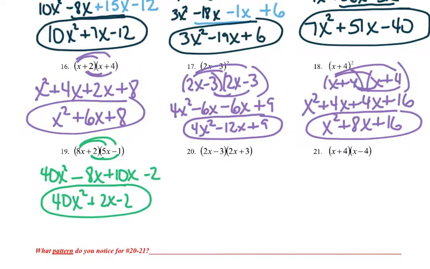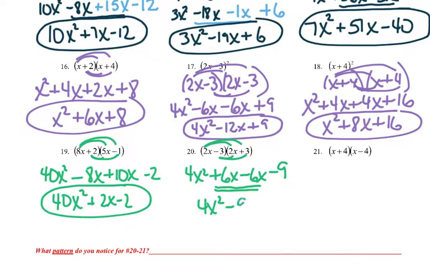For the last 2 questions, we're going to see an interesting pattern. 4x squared is the first term, positive 6x. What's the inside term? Right, negative 6x, and then the last term is negative 9. What do we notice about the inner and outer terms? Right, they cancel out.